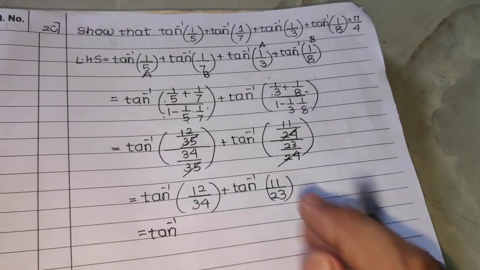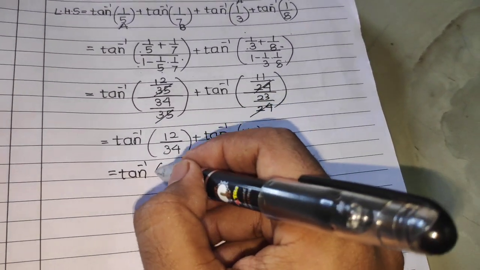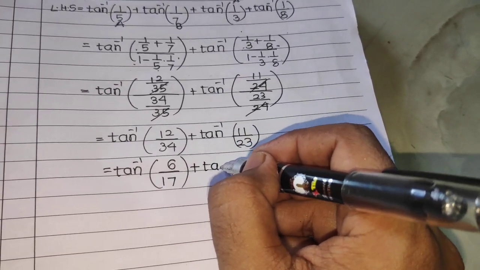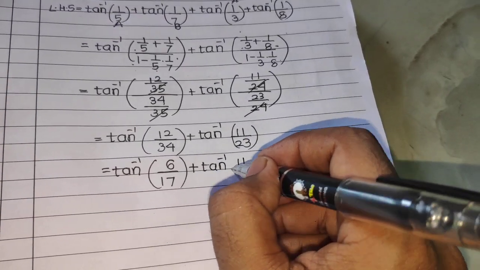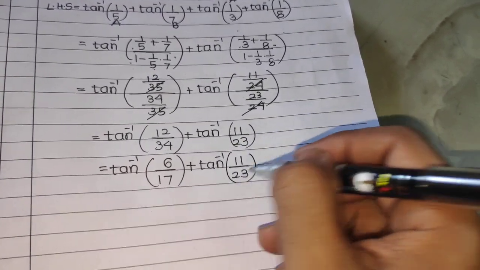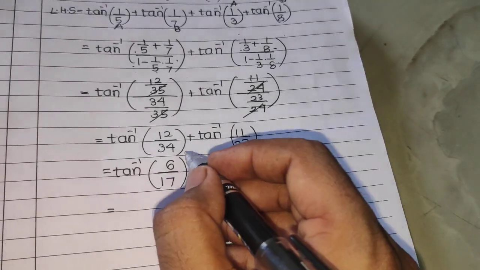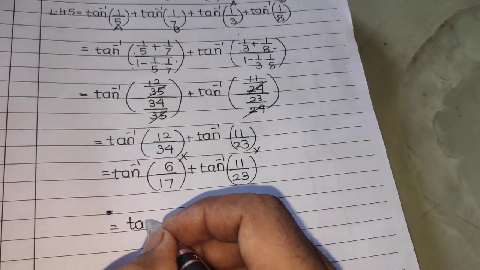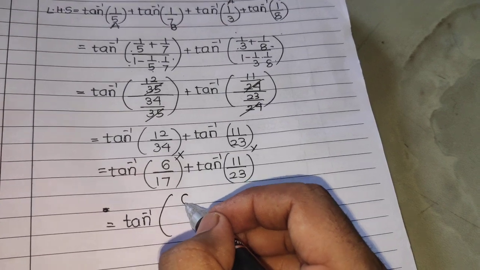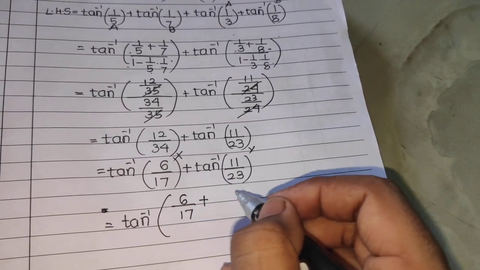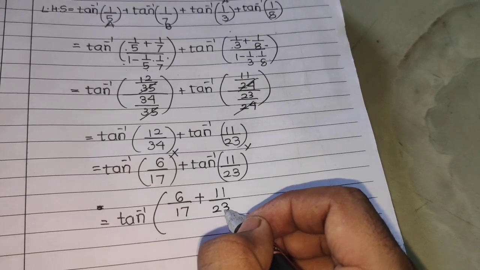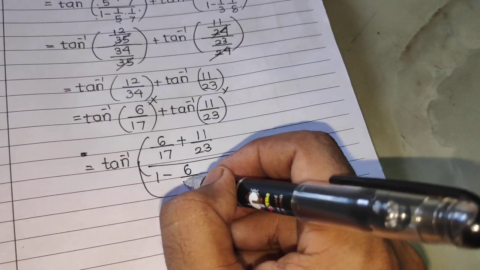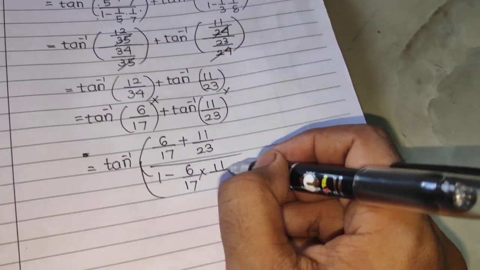Now tan inverse of 12 upon 34 can be reduced a bit like 6 upon 17 plus tan inverse of 11 upon 23. Now I can apply this once again as a tan inverse x plus tan inverse y formula. We get tan inverse of 6 upon 17 plus 11 upon 23, whole divided by 1 minus 6 upon 17 into 11 upon 23.